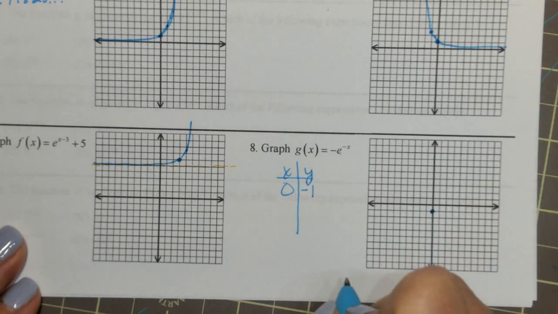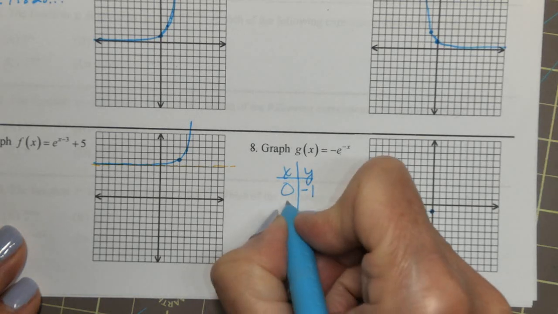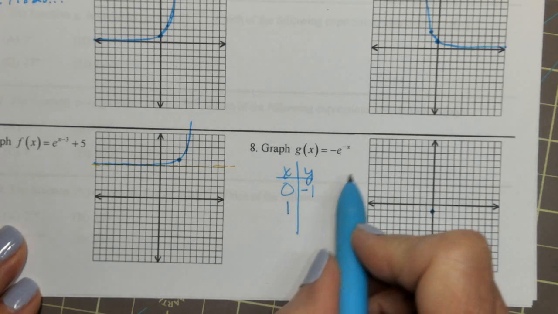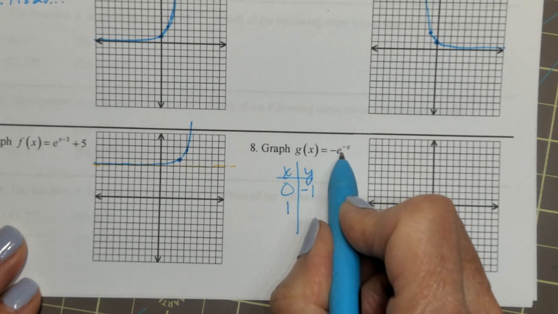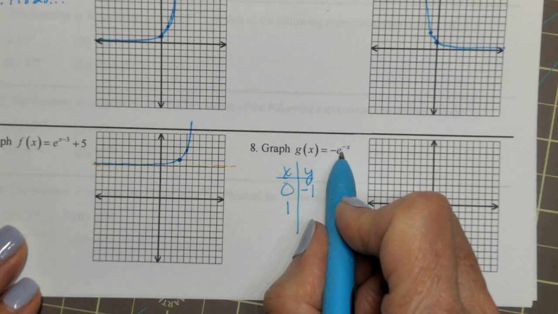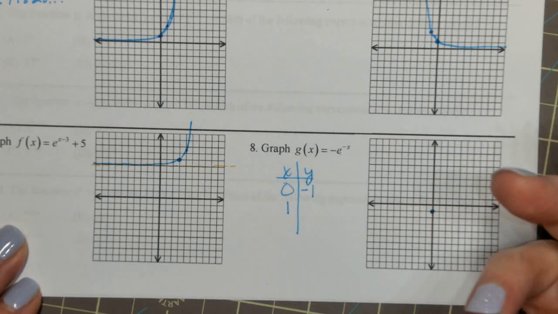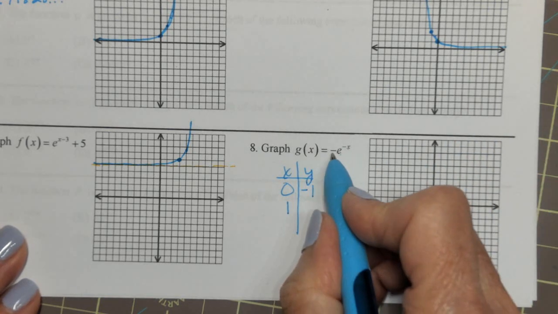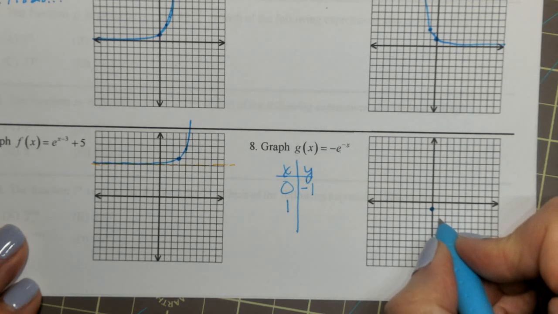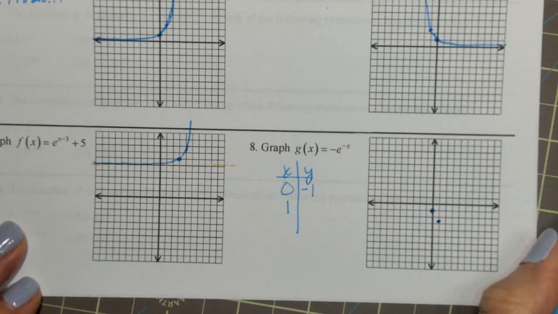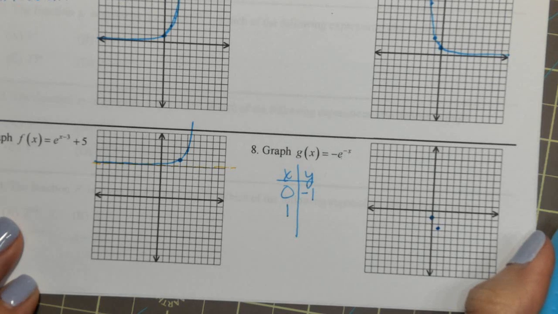What if we put a 1 in for x? If we put a 1 in for x, e to the negative 1 is like 1 over e. So 1 over 2 point something, but it's negative. So when x is 1, negative e. So from those two, I know what's going to be happening here.